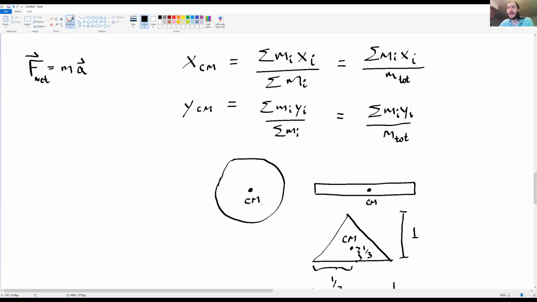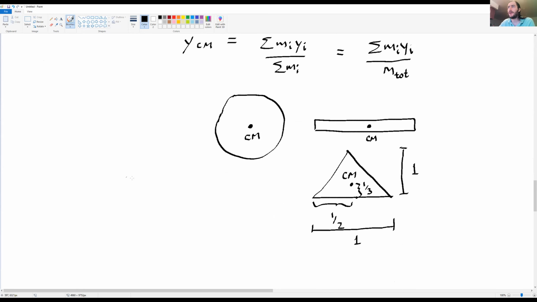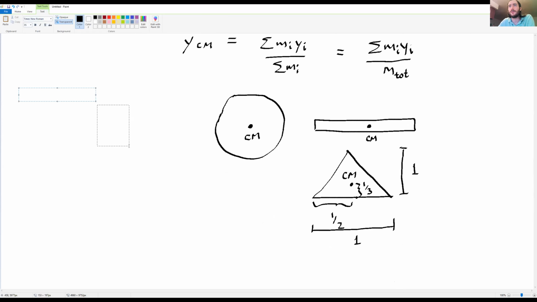But what do you do once you have the center of mass? Well, once you have the center of mass, that literally is the point that you can treat the object as if it were a point mass. So center of mass, let me actually write this out for you guys so maybe you can copy it into your notes here. Okay. Mouse is giving me trouble here. There we go.